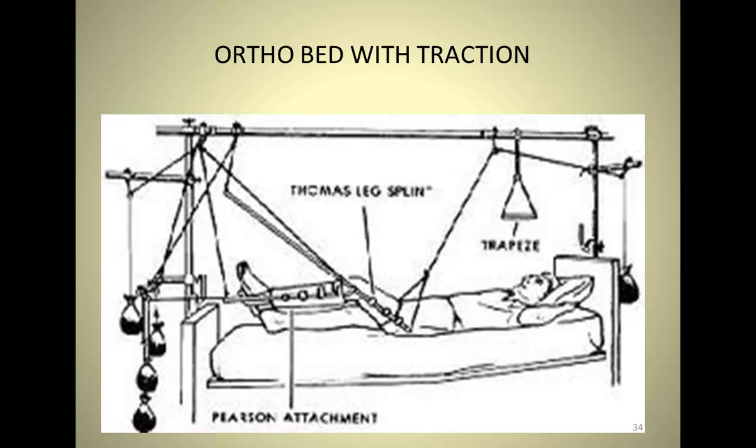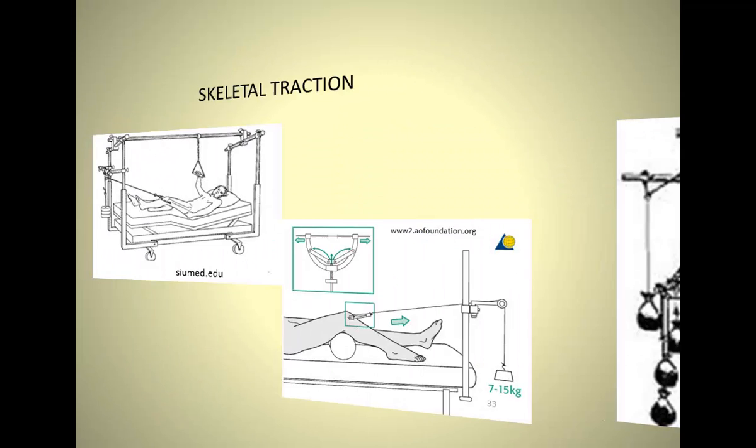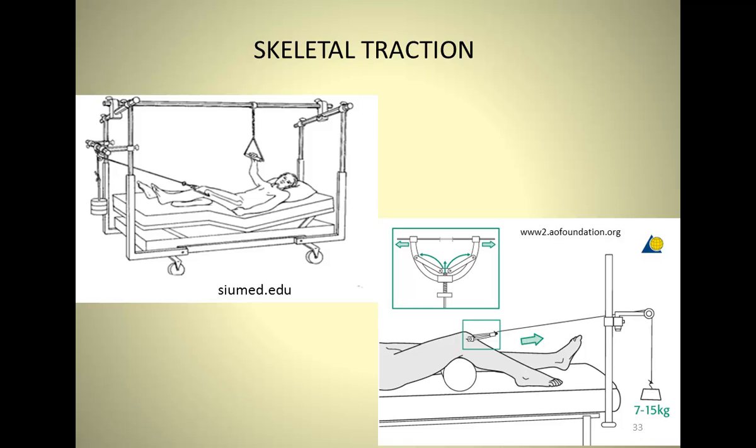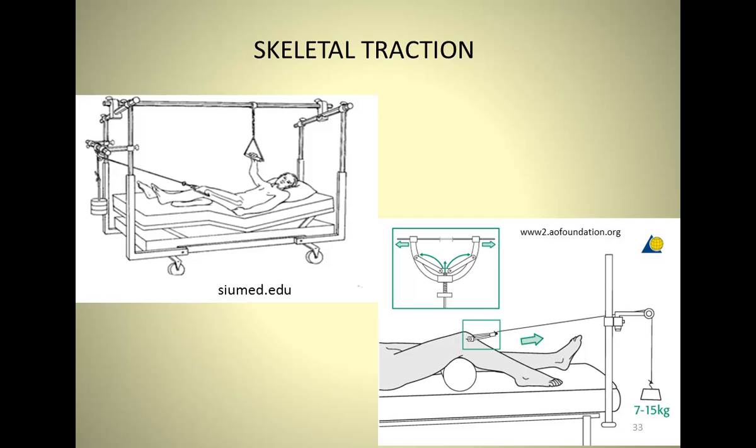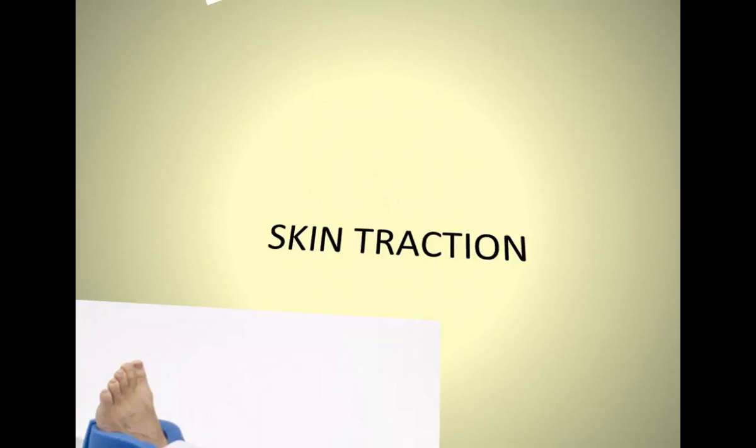Here's a couple different types of traction. This is just one traction right here. This shows you the pin that goes through the bone. Go back. Nope, that's not the one I want. Yeah, there we go.